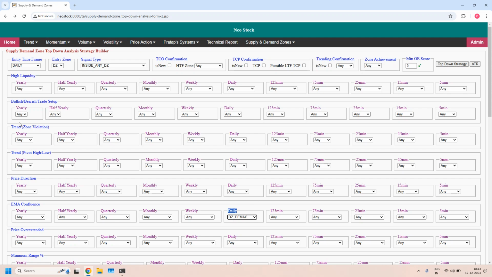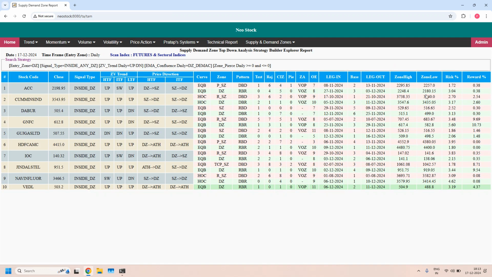When you are using EMA confluence, trend should not be sideways. So in the trend at a daily time frame, we are selecting either up or down trend. With this, we got 10 stocks. Out of 32, 10 stocks are filtered where these daily demand zones are having daily EMA confluence. Current price is closed in the daily demand zones.